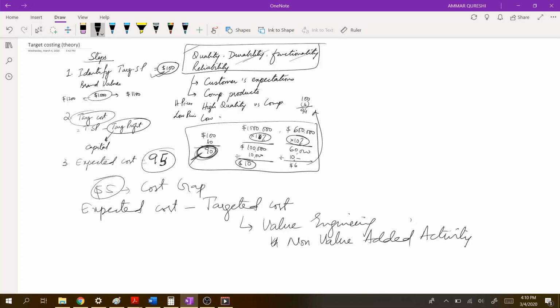Further, if we are expecting any wastage, can we reduce that wastage? If we are using any specialized part, can we replace it with standard parts, because standard parts are usually less expensive and easy to handle.